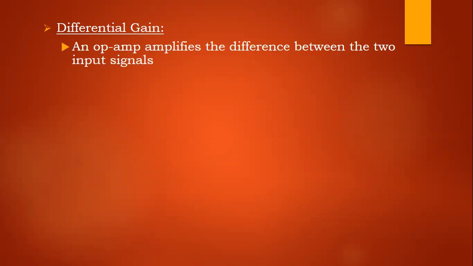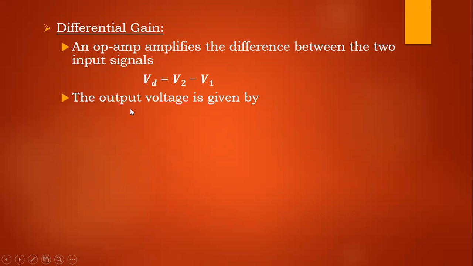As we know, the operational amplifier amplifies the difference between the two input signals. So we can write the differential voltage Vd is equal to V2 minus V1. Now the output voltage V0 is equal to AD times Vd, which is AD times (V2 minus V1).